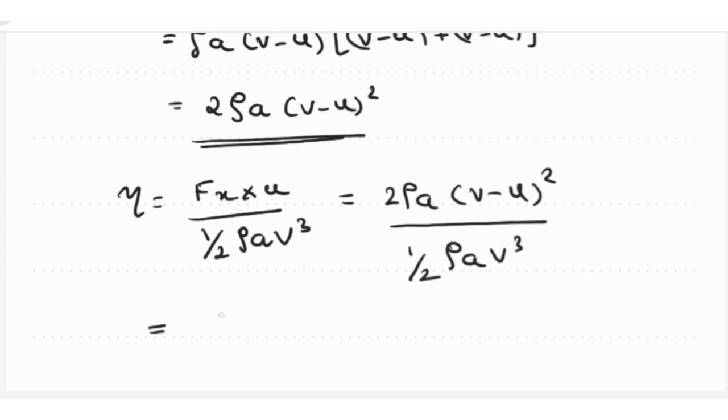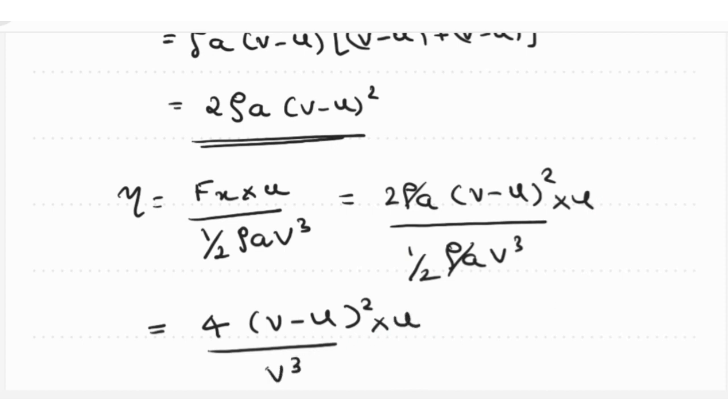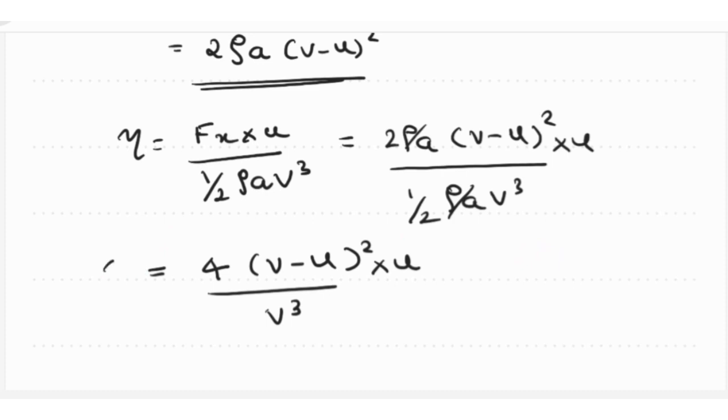Solving that, rho a and rho a get cancelled, and we get v minus u whole square multiplied by u in the numerator, with v cube remaining in the denominator. So this will be the efficiency equation. We'll name it equation number 1.